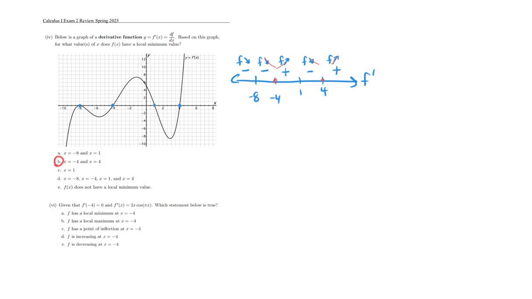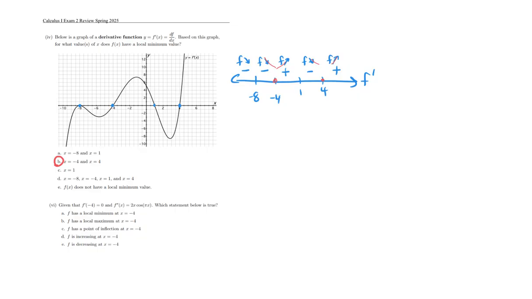Given that f prime of -4 is 0, and f double prime of x is equal to, oh, didn't I just do this one? Oh, okay.